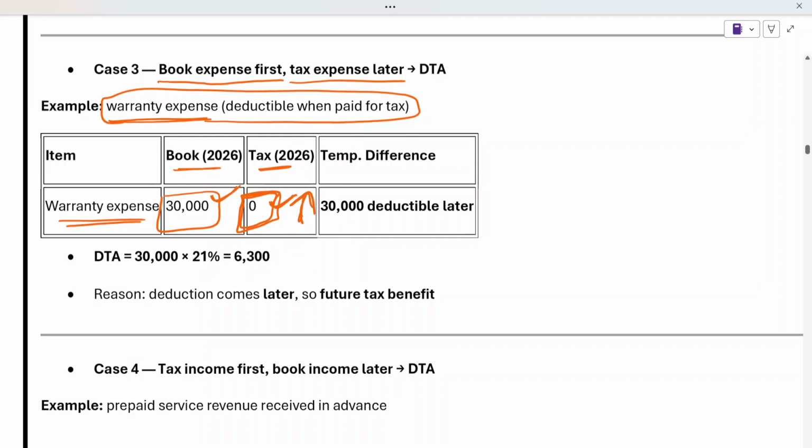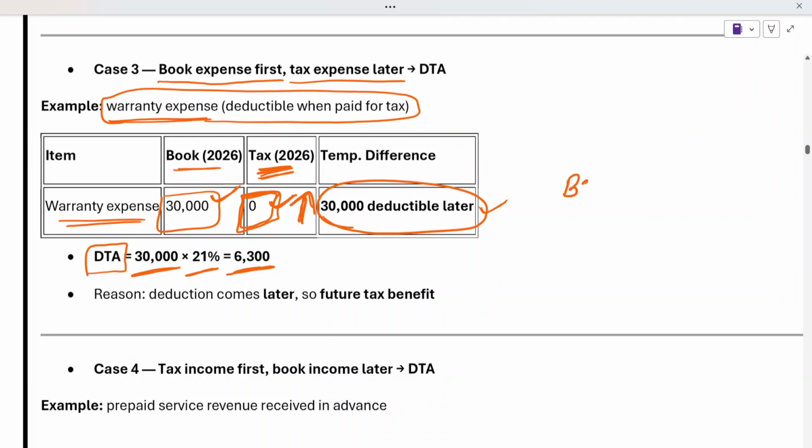And when your income is higher in the tax books, your taxes will be higher. It means that you have paid higher taxes today as per tax rules. So if you paid taxes today, that will create an asset for you. You will simply say the differential of both of them is 30,000, on which the tax rate is 21%, and I will get a deferred tax asset created for today.